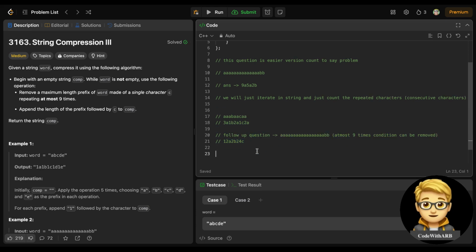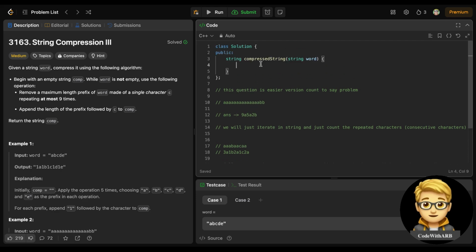So basically we just need to iterate in a string and count repeated characters and store them in a string. It's just like this, right? How you implement this is totally up to you. Anything you implement will have the same time complexity and space complexity, that's for sure. So let's just implement it, right?